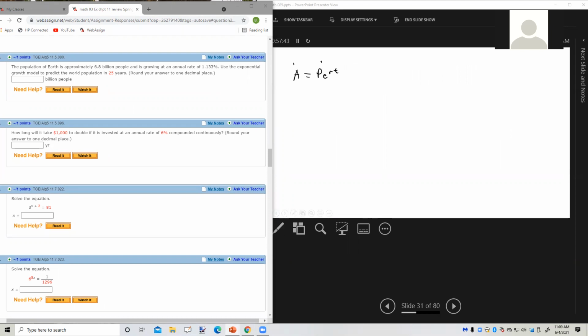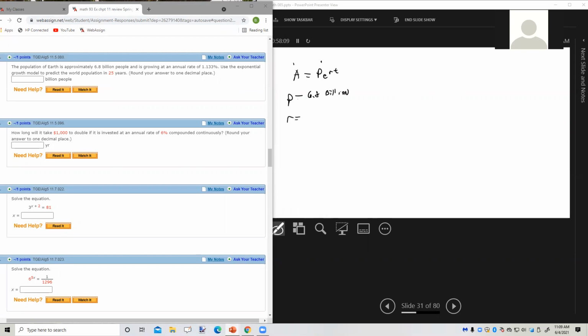Now, when it's written as a number followed by words, 6.8 and then the word billion, and notice the answer is in billions, so we're not going to write out 6,800,000,000. We're just going to say P is 6.8 billion, okay?